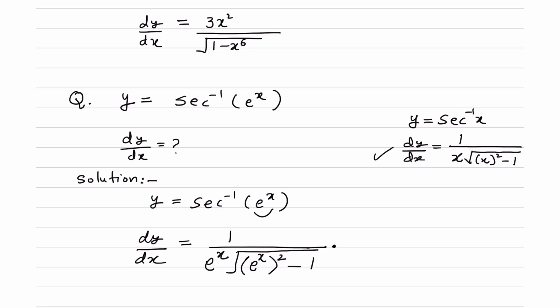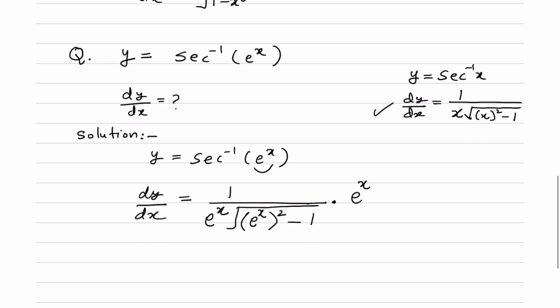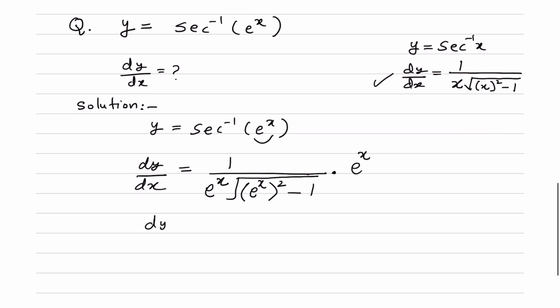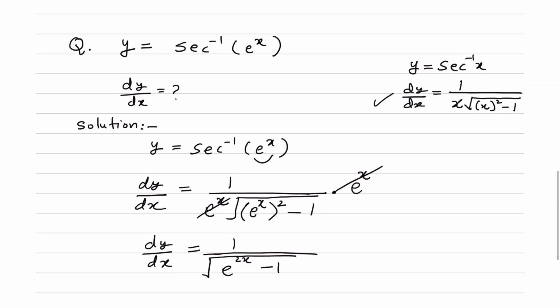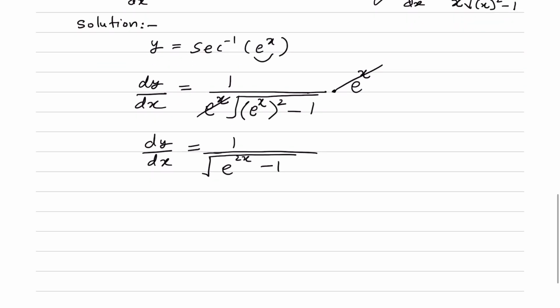The derivative of e power x with respect to x is just the same, e power x. We will simplify it now. We have dy by dx is equal to, this e power x cancels with this e power x, and we have 1 over the square root of e power 2x minus 1. So we have found the derivative of secant inverse e power x.